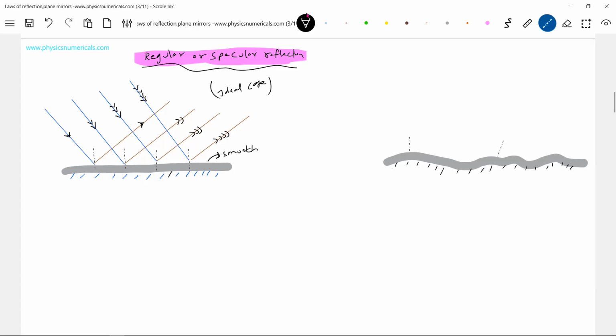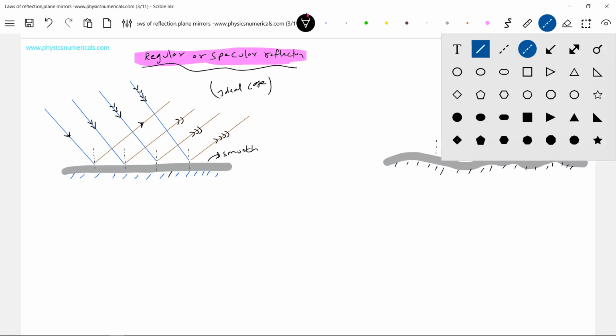So look at the normal here, and let there be a parallel beam of light incident on this surface.